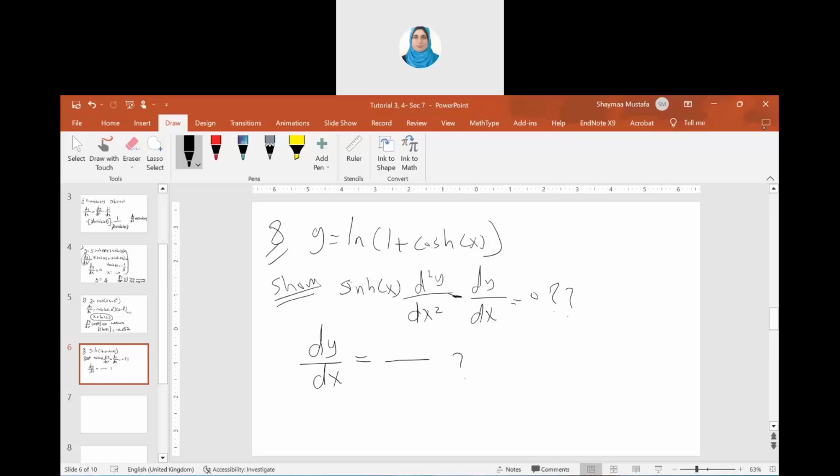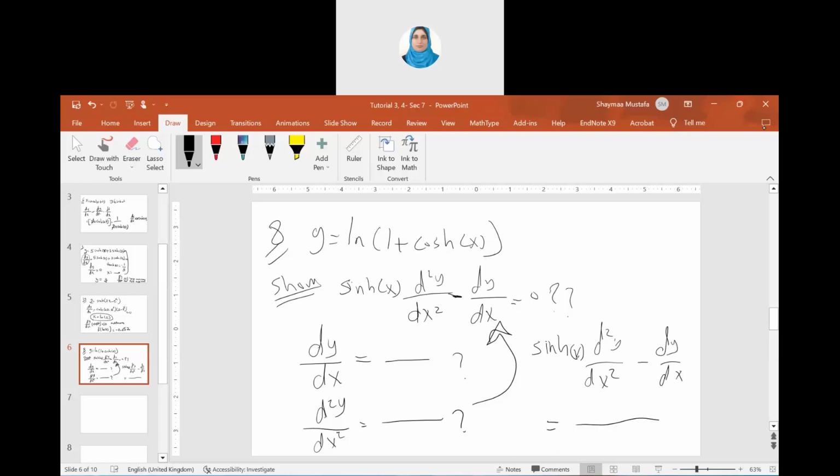Then you need to calculate d square y over dx square and substitute here. Show that sine x multiplied by d square y over dx square, minus dy over dx. After calculation, you will find it is equal to 0.